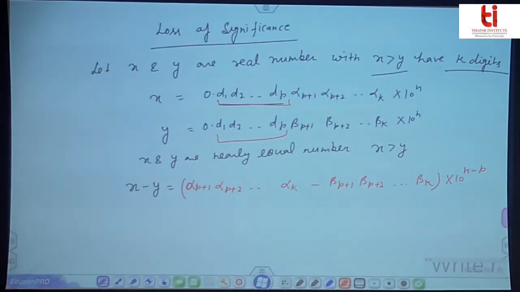Okay, we can write it like that, or we can write the whole thing as gamma p+1, gamma p+2, ..., gamma k into 10 raised to power n minus p. So x minus y has k minus p significant digits.